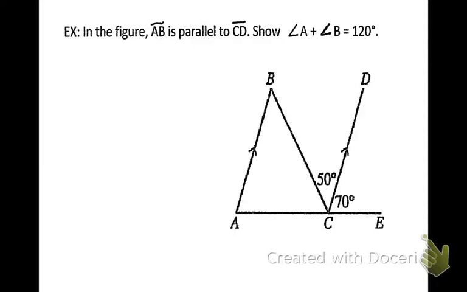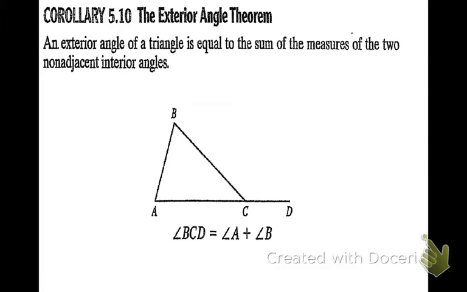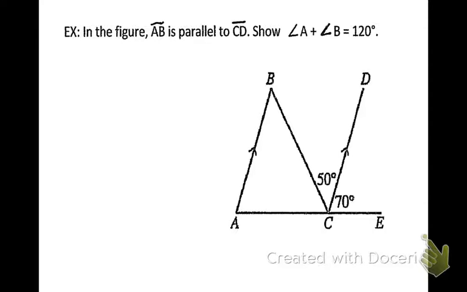In the figure, AB is parallel to CD. We have to show A plus B equals 120. So this isn't a proof. We can just do it by making a few statements or observations. How can I show that A plus B equals 120?